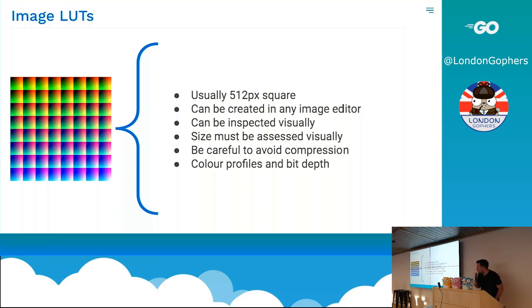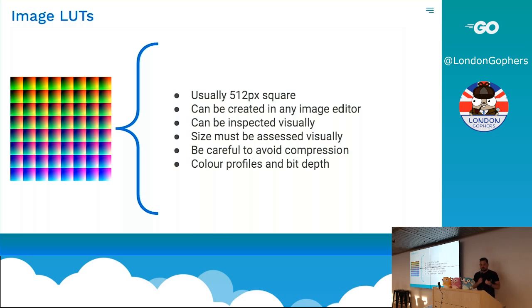But this brings us to the first example of a lookup table. So this is an image LUT, as we also call them, one of those nice acronyms. This is a neutral LUT. So if you actually try and apply this to an image, the output will be exactly the same as the input. It looks weird, but you actually start to get used to them.